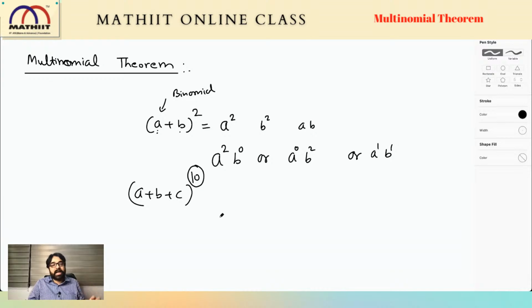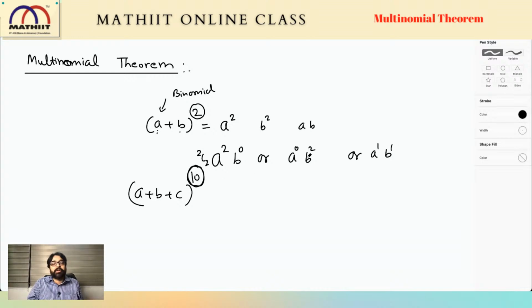So the idea is that whenever something has power 10 or any power, assume that this many objects are there and I want to distribute them. Think very carefully. If I say there are these two objects, A wants to take two objects, in how many ways can he take? You will say 2C2.